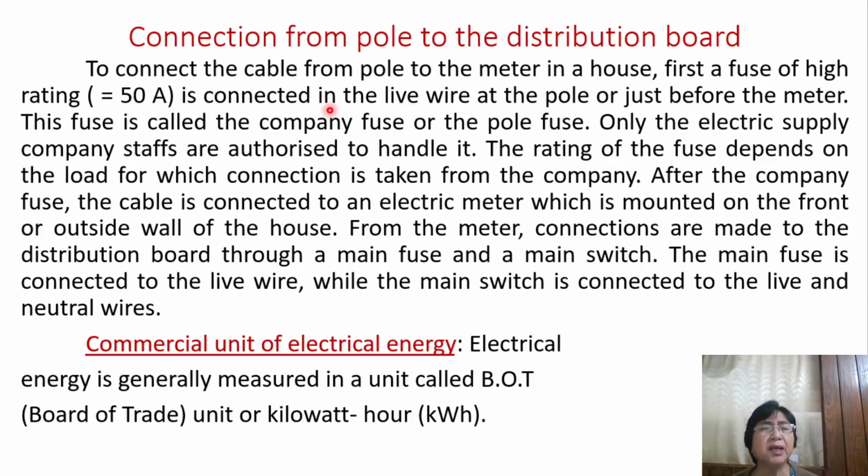Accordingly, they will fix the current rating of this fuse depending on it. For example, I want 10 kilowatts for the house in total, so they will give us 50 ampere. But if it is 5, then they may give only 30 ampere. So the rating of the fuse depends on the load for which connection is taken from the company, and in our case this company is MEECL.